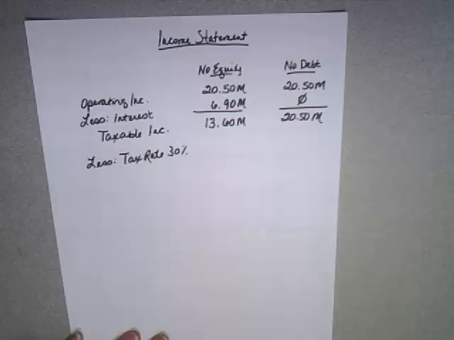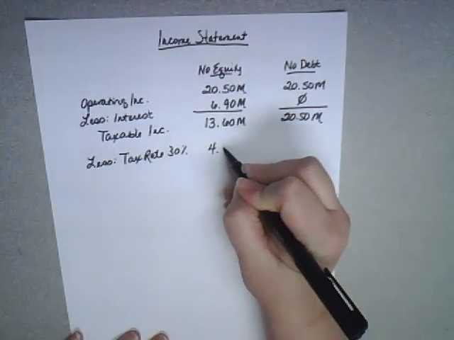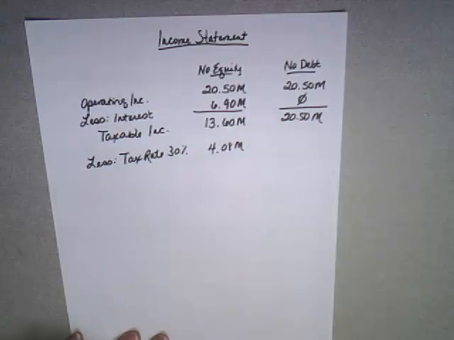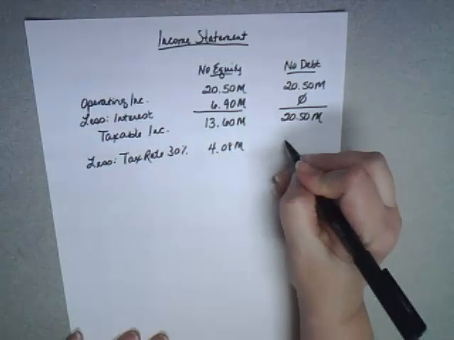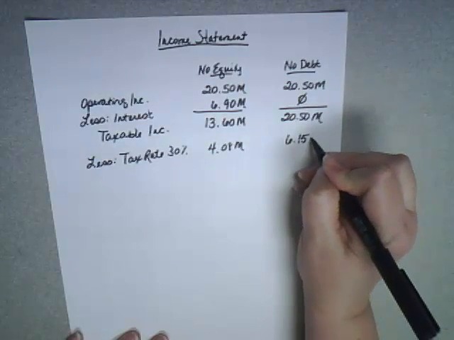Okay, and if we take the 13.6 million and we multiply it by 30%, we end up with a tax payment of 4.08 million under no equity, and no debt has a tax payment of 6.15 million.